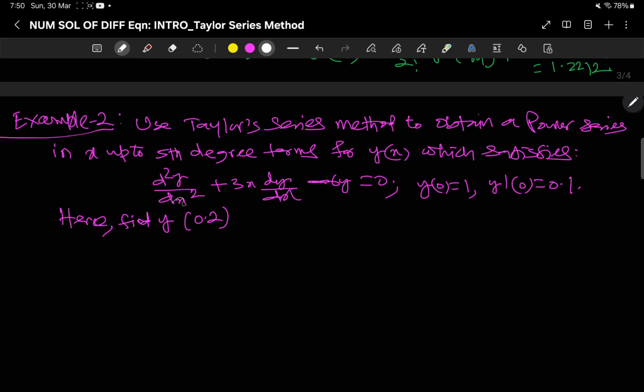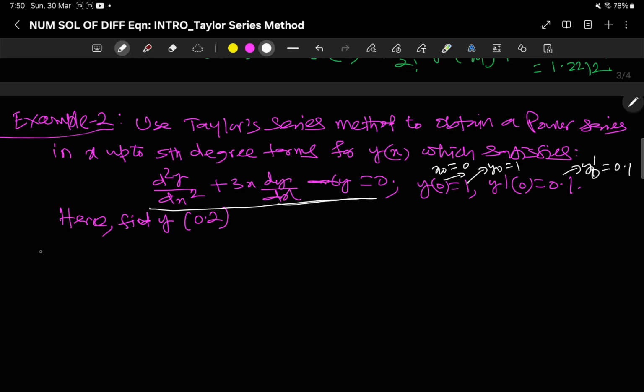Now in example 2 we solve a second order differential equation. So here the condition is x0 is 0, y0 is 1, and y dash 0 is 0.1.